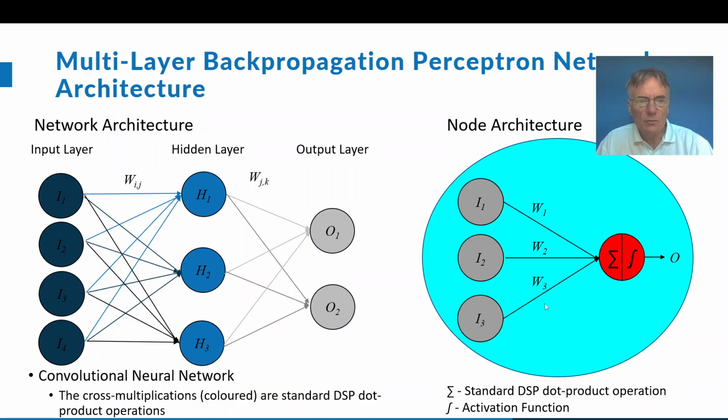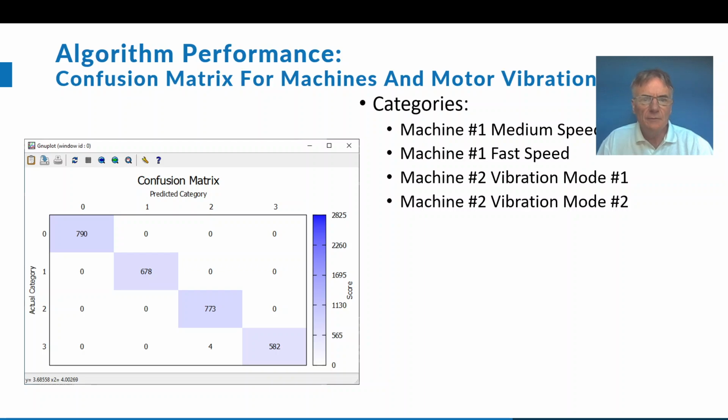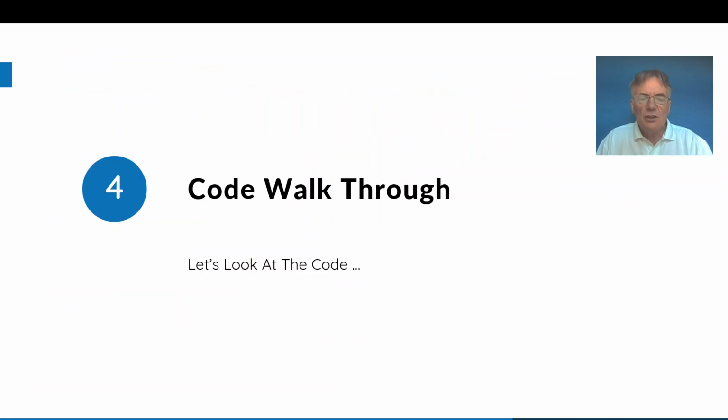So we'll talk more about that when we look at the code. Finally, we'll be able to look at the results. Here is a graph of a 4-machine confusion matrix, the output results. Again, we'll see the outputs of this in the code. So without more ado, let us get on to look at the code.